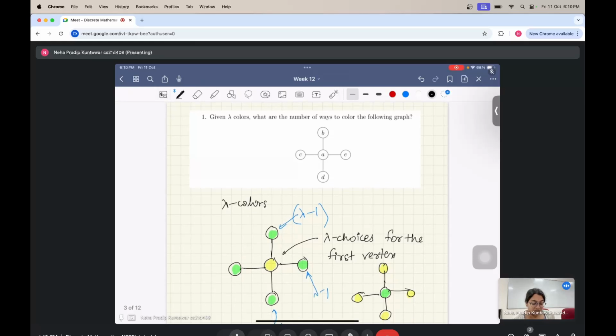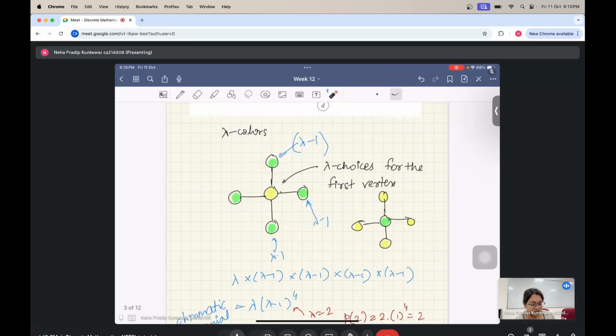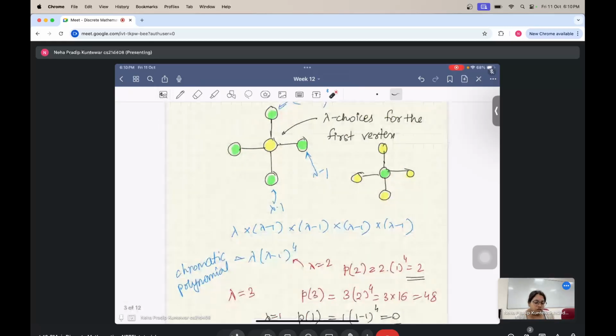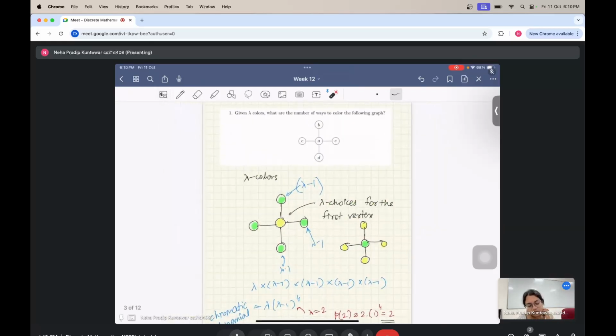So the chromatic polynomial in that sense captures all the corner cases, and it's just a nice way of counting the number of proper colorings by just substituting the value of lambda. So yeah, that's the warm-up example.